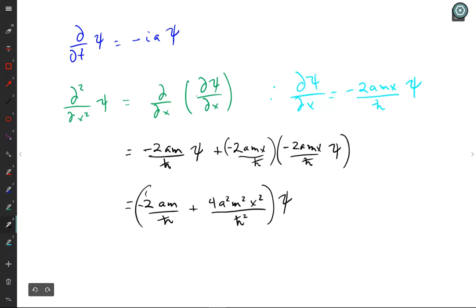So there I have my second derivative with respect to x of psi. A little more complicated, right?